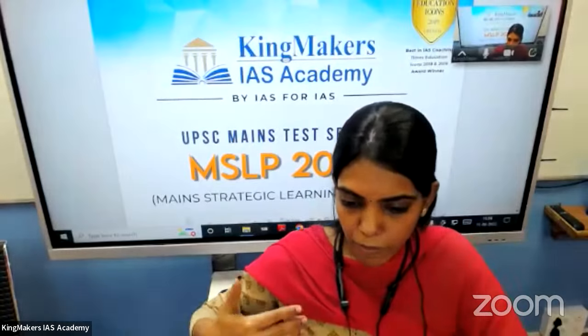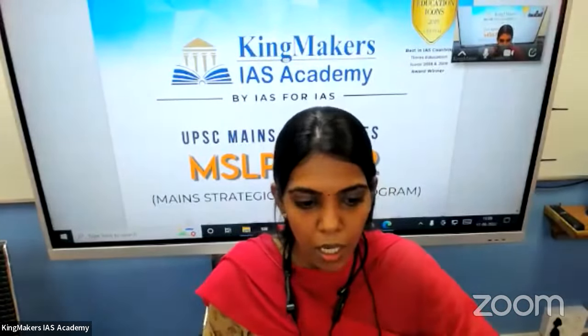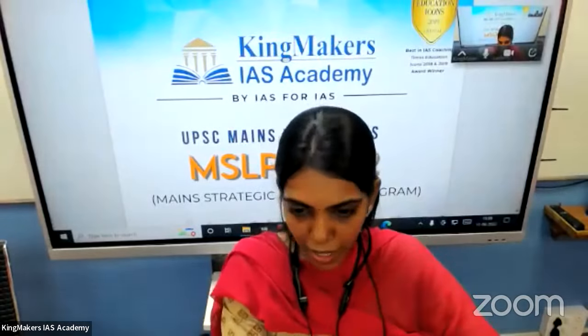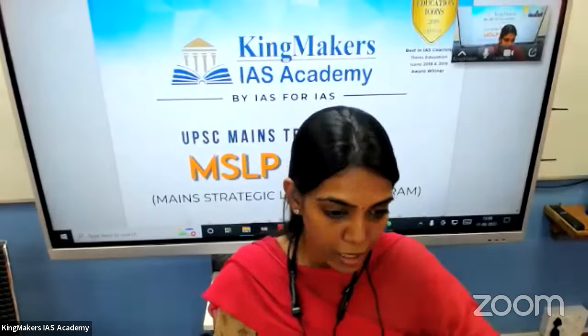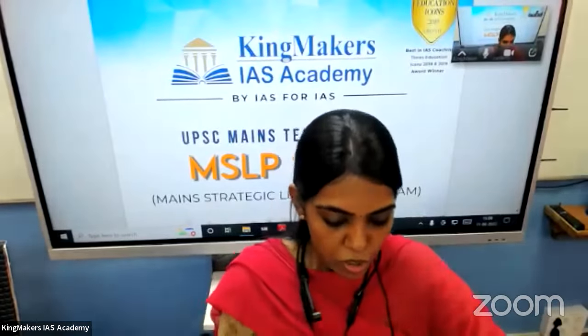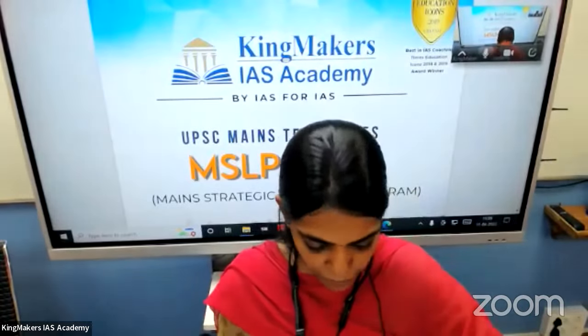If you think I'll come and write at the end, you might actually forget. You will be doing so many things in the exam. You'll be in a very tense mode. So you better circle that question in the question booklet so that you can come and add points. Otherwise, you might forget it. So please circle there and come and revisit in the end when you have time. Okay.